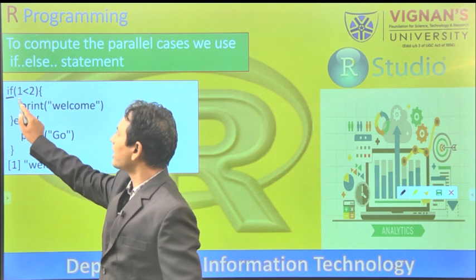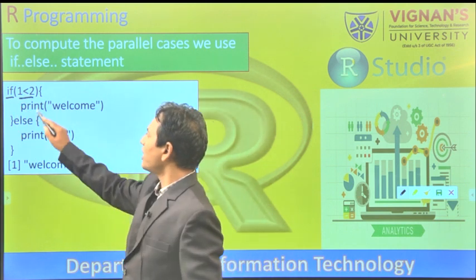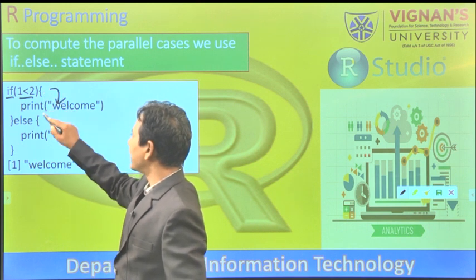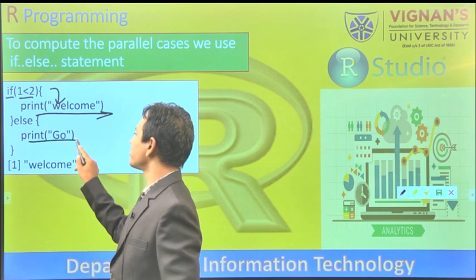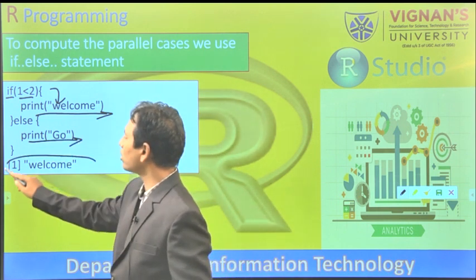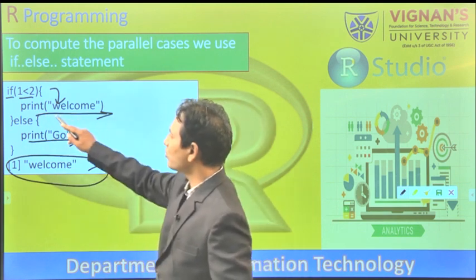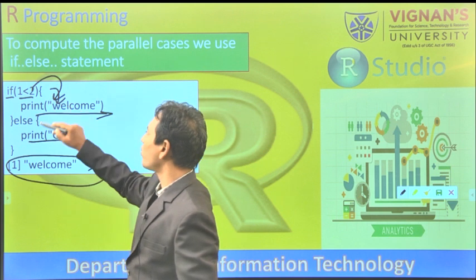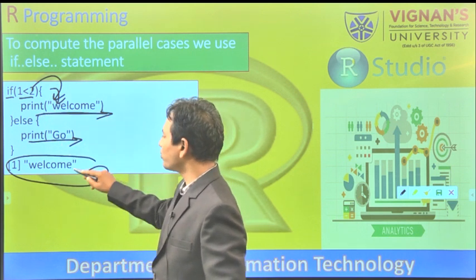If a condition, we are going to write the logical operator, okay, and if this is true, it is going to get into this block and this statement will be printed. Yes, this statement will be printed. So here we got the output is welcome because 1 less than 2 is true. So that is why it entered into this block and this value is given as an output, welcome.